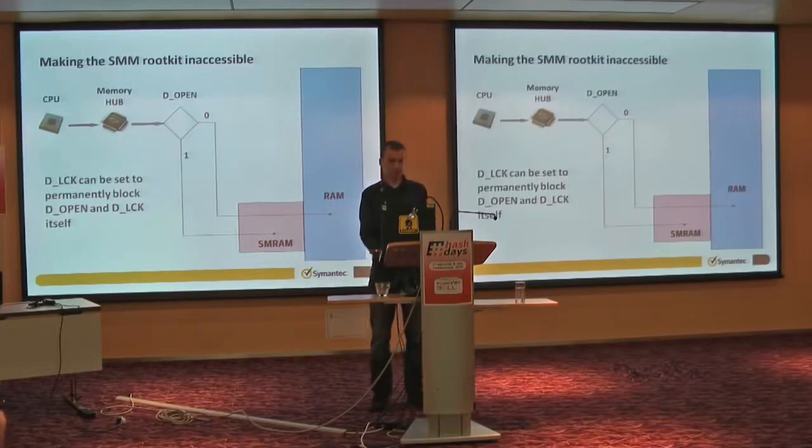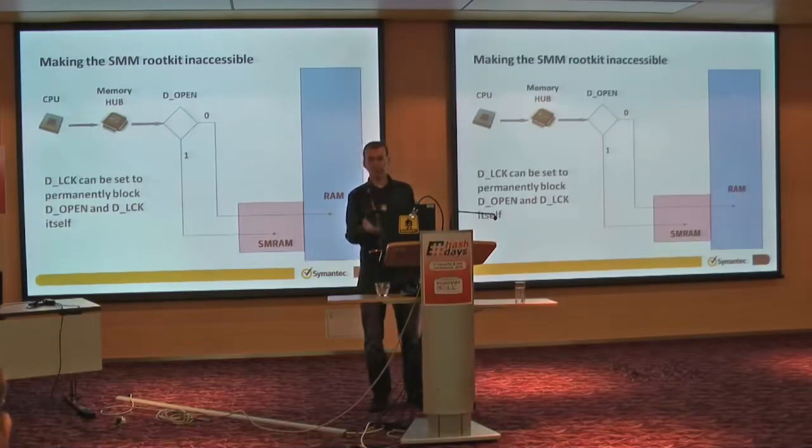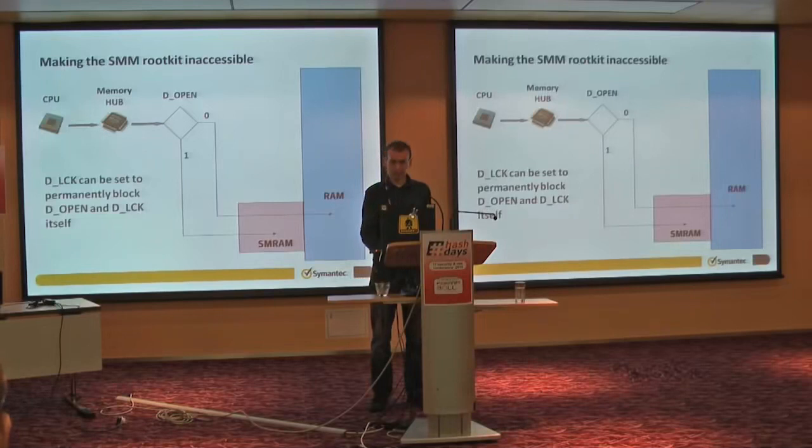And what's worse is that the SMRAM can be configured. There are 2 interesting bits worth noticing for configuration. The open bit can be set, and when the open bit is set, accesses to SMRAM are normally routed through the SMRAM. So SMRAM is visible, can be read, modified, and a rootkit could be detected if it was there.